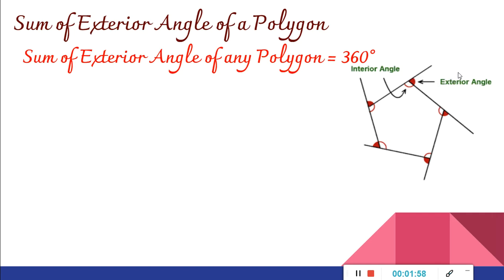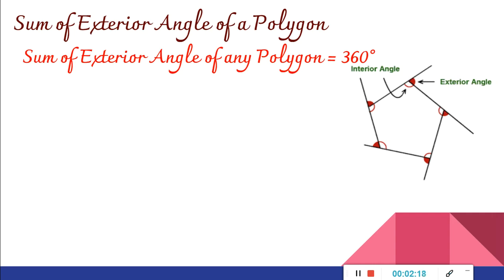What is an interior angle? The angles lying inside the polygon, isn't it? And what is exterior? The angles lying outside of the polygon. So that is called interior and exterior angles.